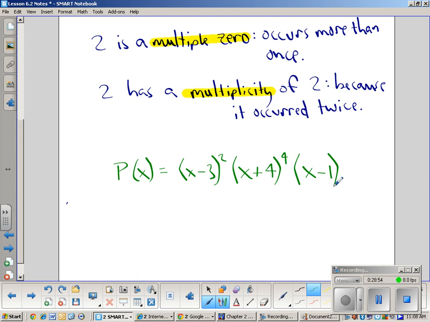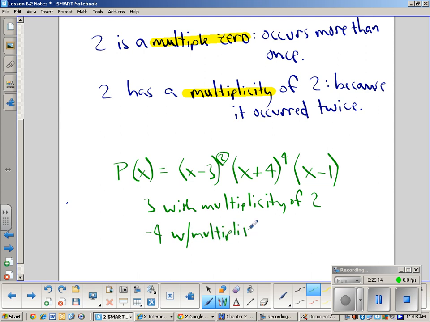So we have 3 with multiplicity of 2 because it occurred twice, and we have -4 with multiplicity, that's a C, of 4 because it occurred 4 times. Okay? Did I lose anybody on multiple zeros or multiplicity?